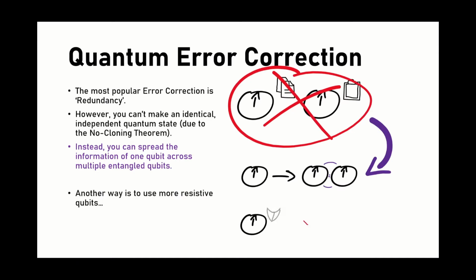Another way is to use more resistive qubits. So it will still interact with environmental factors, but will be less prone to random change. However, this technology has not been created yet. So while this is a good solution, more research must be put into it.